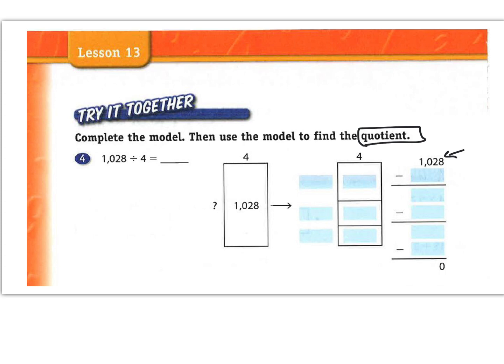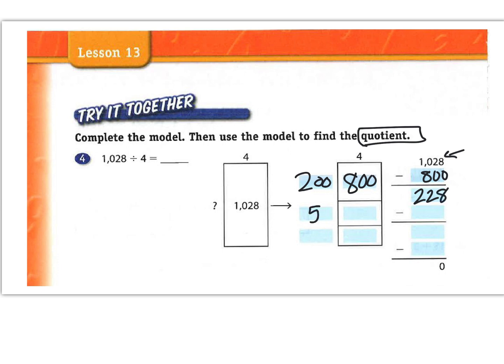We will do 200, because then 4 times 200 is 800. So then we would take away 800 to get 228.